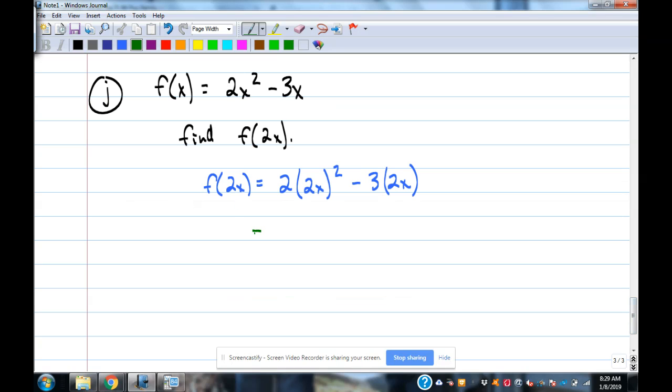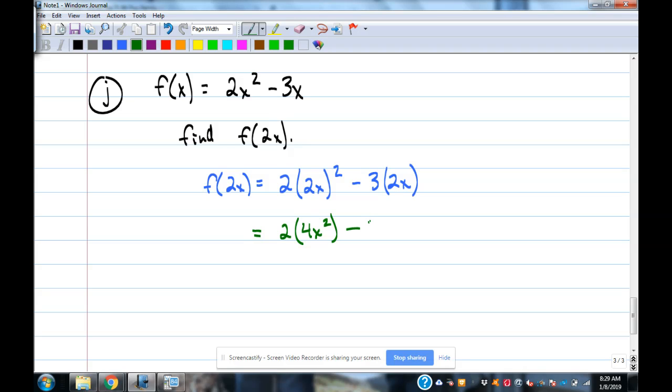So plugging that in, what happens first when we try to simplify this? Parentheses, exponents, multiplication, division, addition, subtraction. That whole order of operations thing has to play by those rules. So 2x is squared. What does that turn into? 4x squared times 2.